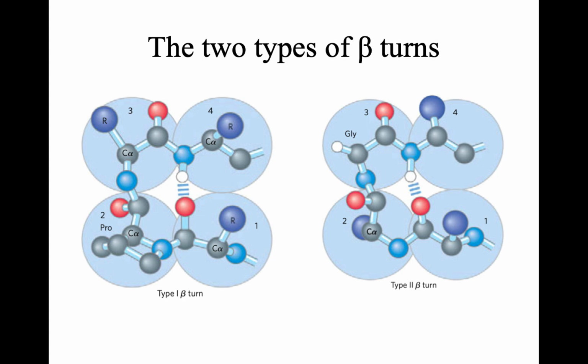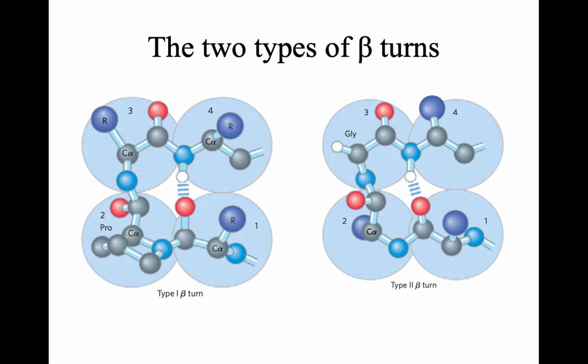For the type 1 beta turn, the second amino acid residue has the dihedral angles: the phi angle is around minus 60 degree, whereas the psi angle is minus 30 degree. For the third amino acid residue in the type 1 beta turn, the phi angle is minus 90 degree and the psi angle is 0.